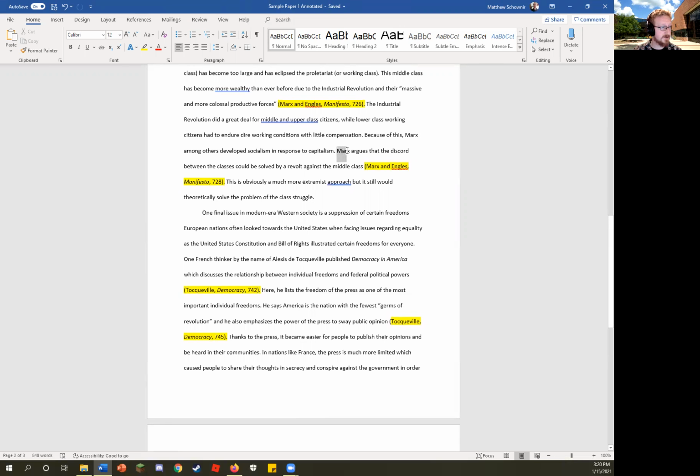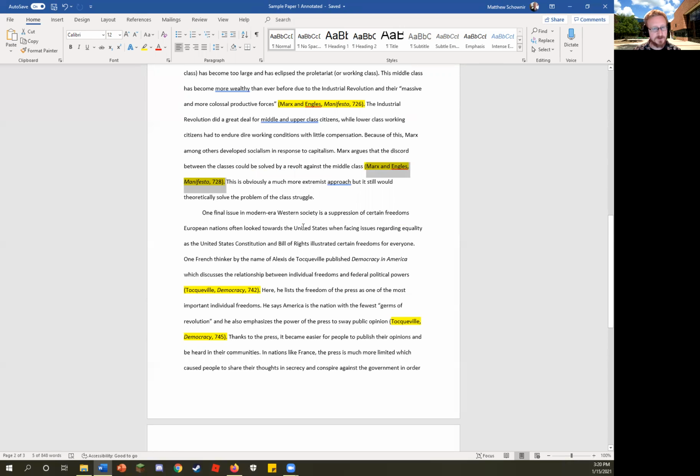So this is a good example later on in this paragraph. Marx argues that the discord between the classes could be solved by a revolt against the middle class. It's not a direct quote, but they're still citing the Communist Manifesto, so he needs to put in a citation at the end of the sentence.